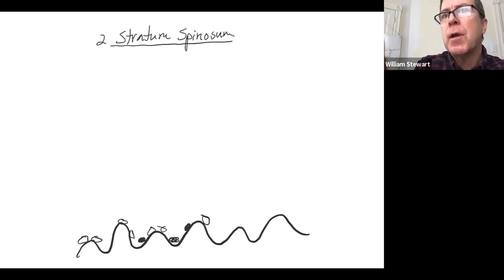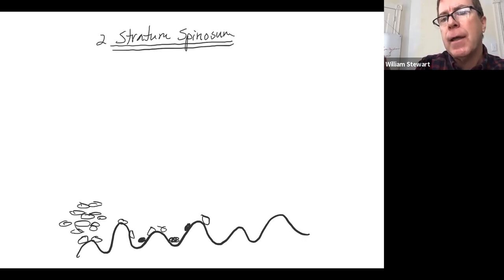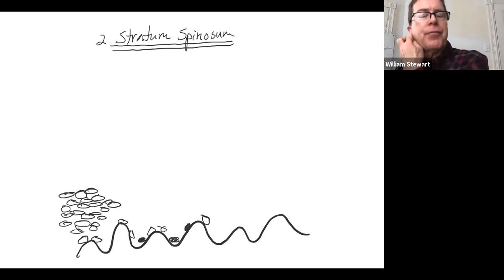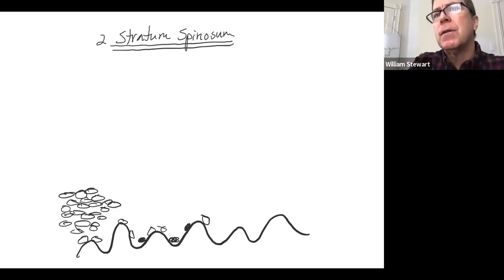The stratum spinosum is the next layer moving toward the surface, and it's several cell layers thick. Depending on where on the body and the individual, it can be up to, say, 20 cell layers thick or more. So we get a much thicker layer here. The cells are still living, so I'm going to write still alive.